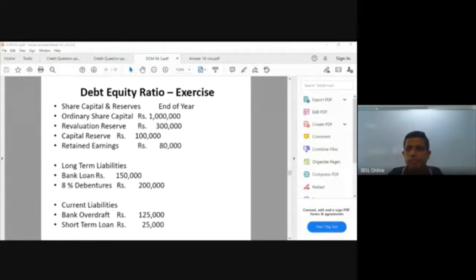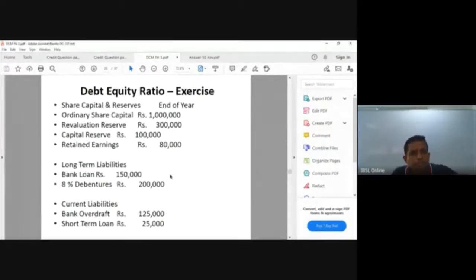I hope you can see the numbers. First, you have to take the debt capital and equity capital.